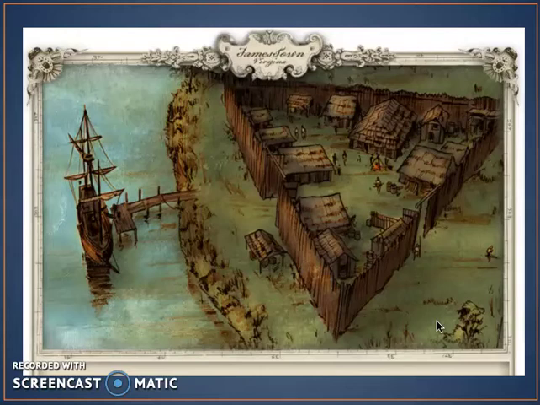Now, go back to the Native Americans and their vision. All right, well, let's think about this. How would you feel if you were the Native Americans and these individuals got off this boat, and the first thing they do is start building fences? That's a barrier, right?